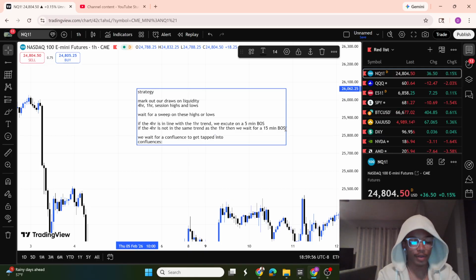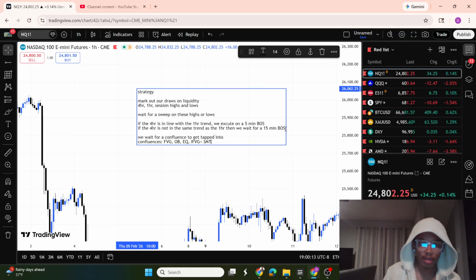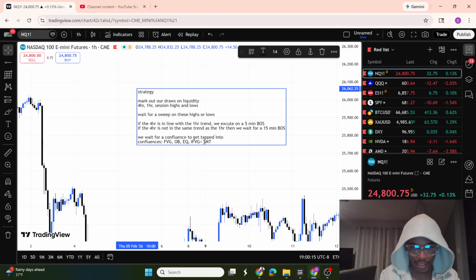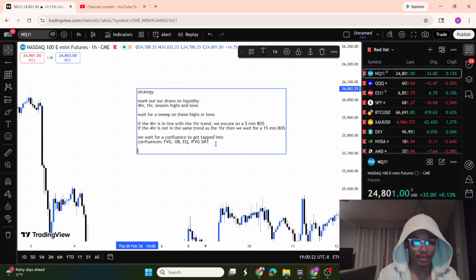We have fair value gap, we have order blocks, short for OB, we have equilibrium, and what else do we have? Inverse fair value gaps and SMTs. So we have all of these extra tools that we can use to collect data on whether we should take a trade or not.